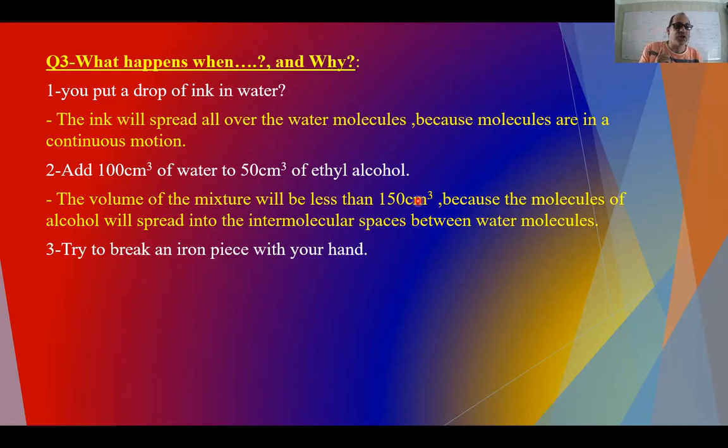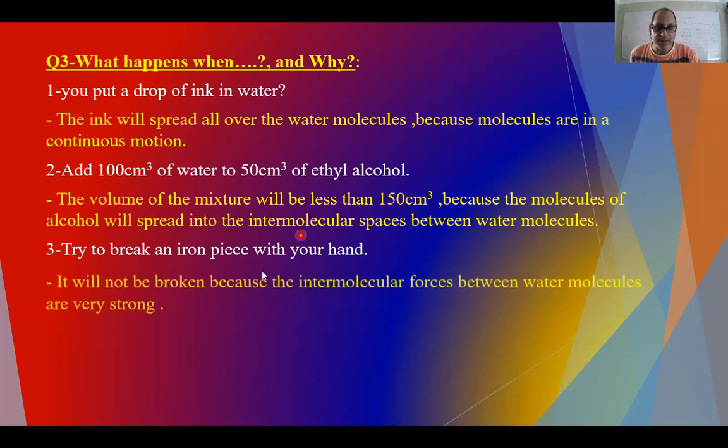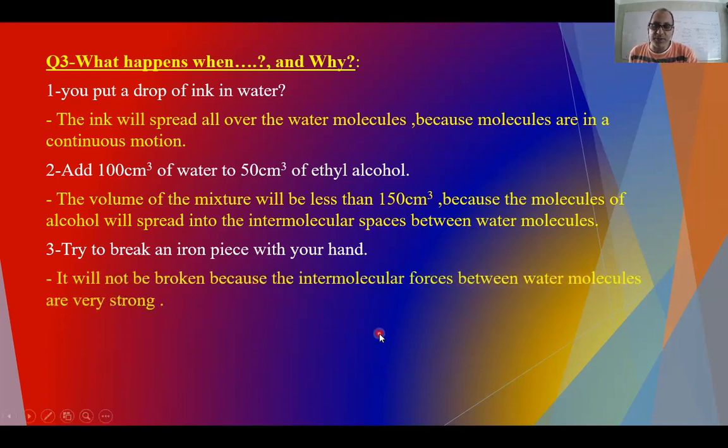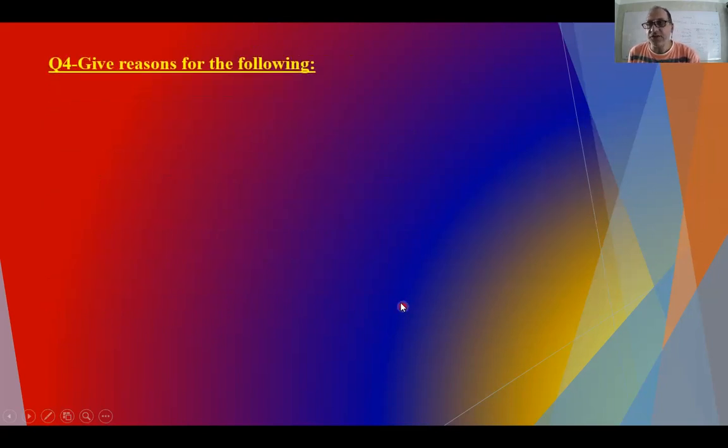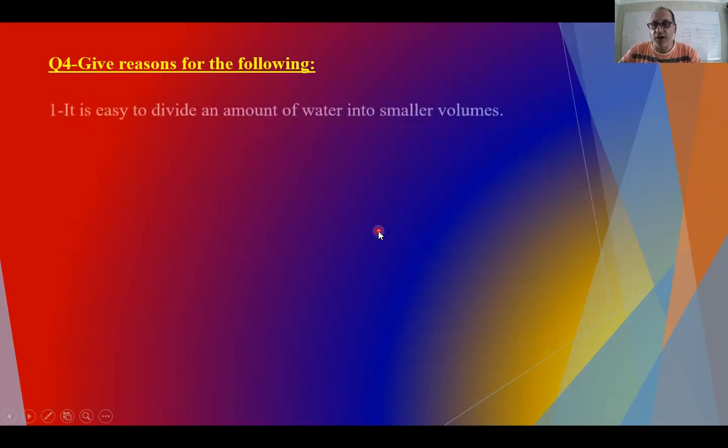The intermolecular forces are very strong in solids. So they are very strong in iron, so it cannot be broken easily. So it will not break because the intermolecular forces between iron molecules are very strong. Another type of question, give reasons for the following.